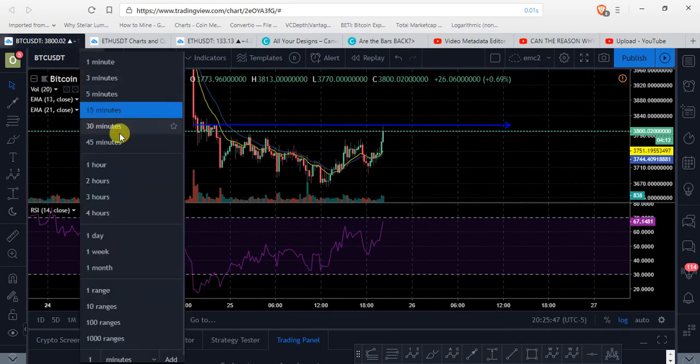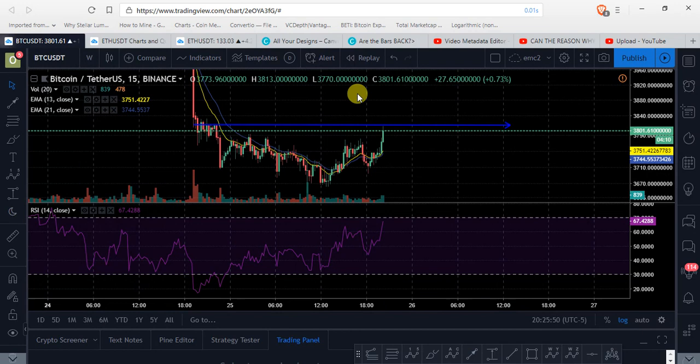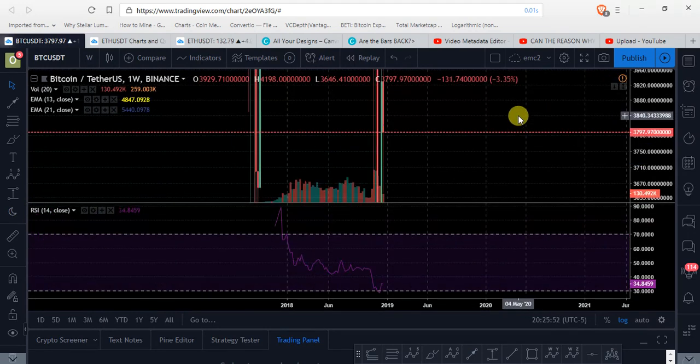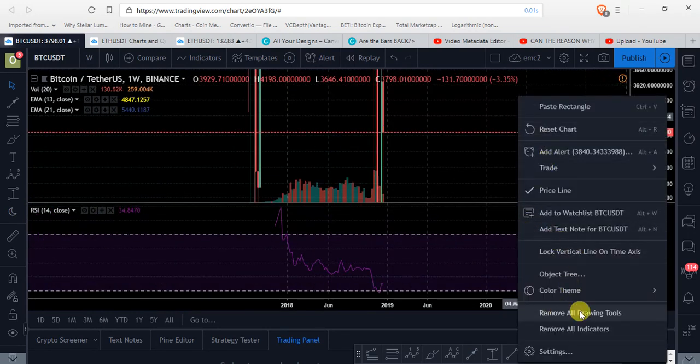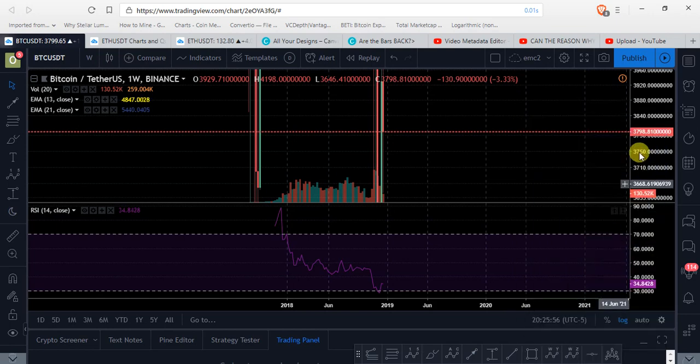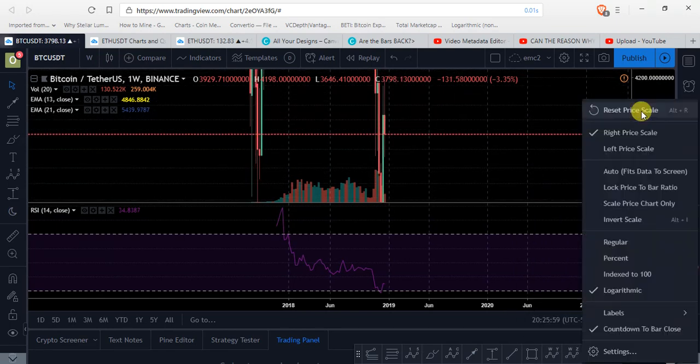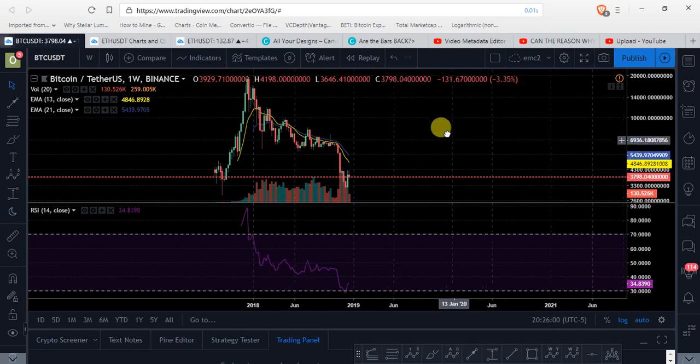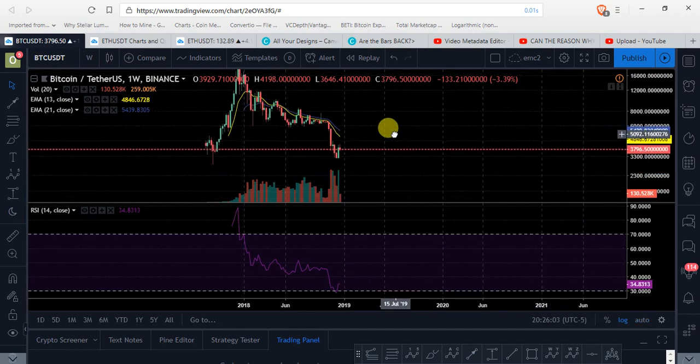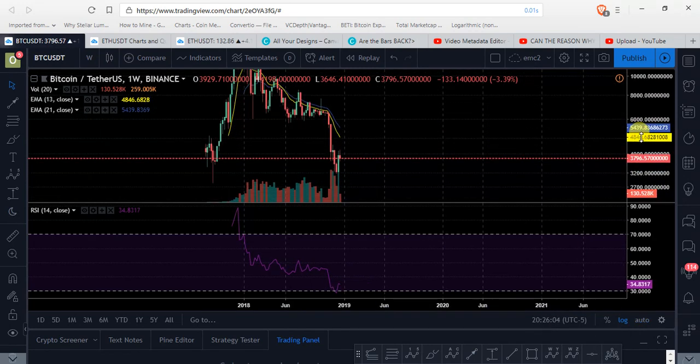So let's take a look at the weekly chart. My number one concern is the weekly chart, right? It doesn't matter how the daily looks. You just want to stay above a certain area on the weekly chart, right?